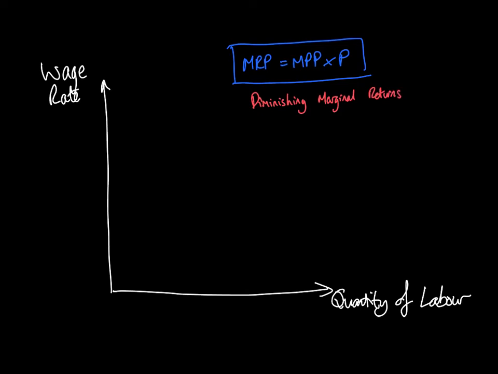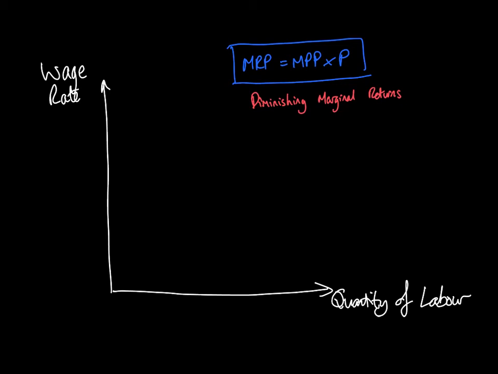Now, diminishing marginal returns, we first of all considered when we thought about why the PPF might be curved. But it crops up a number of times throughout the course. Diminishing marginal returns means that as you add a single factor of production, when at least one other factor of production is fixed, you start to reduce the amount of return you get from each extra unit that you add.